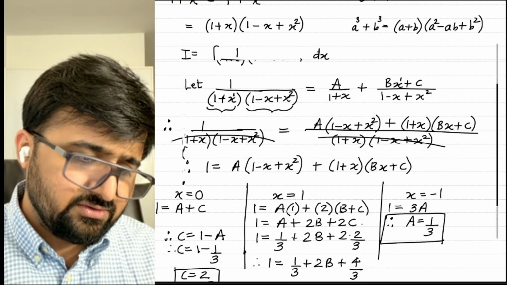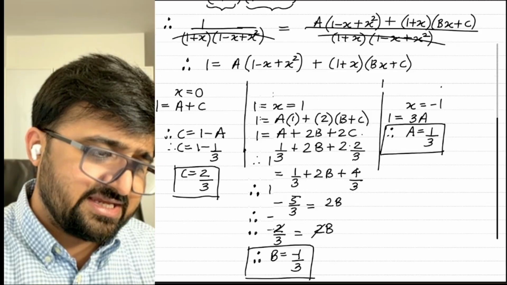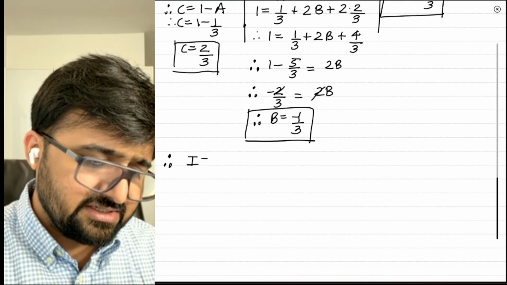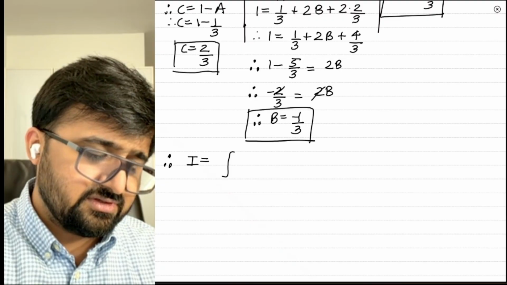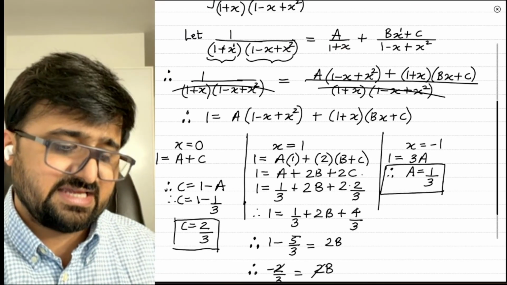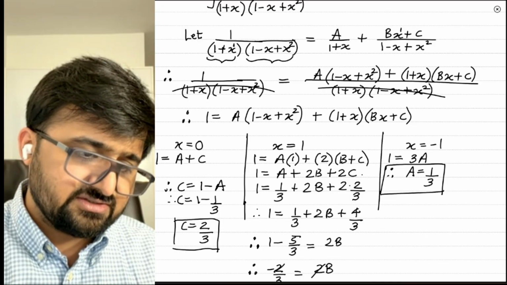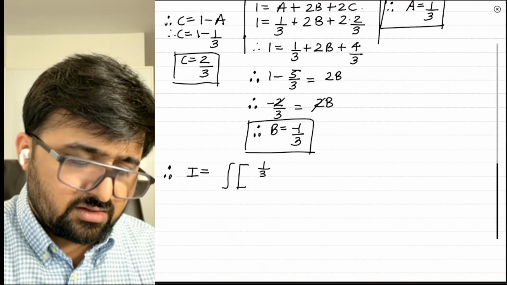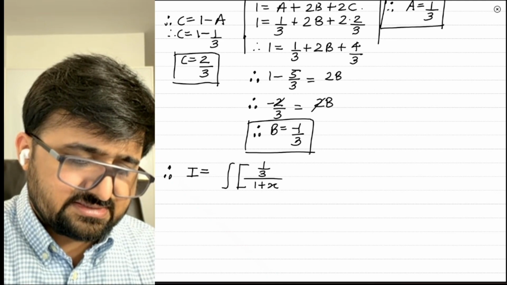Okay. Now we can substitute the values of a, b, and c over there, and therefore we can get integral I is equal to integration of, if we put a upon 1 plus x, so a is 1 by 3, so we get 1 by 3 upon 1 plus x.